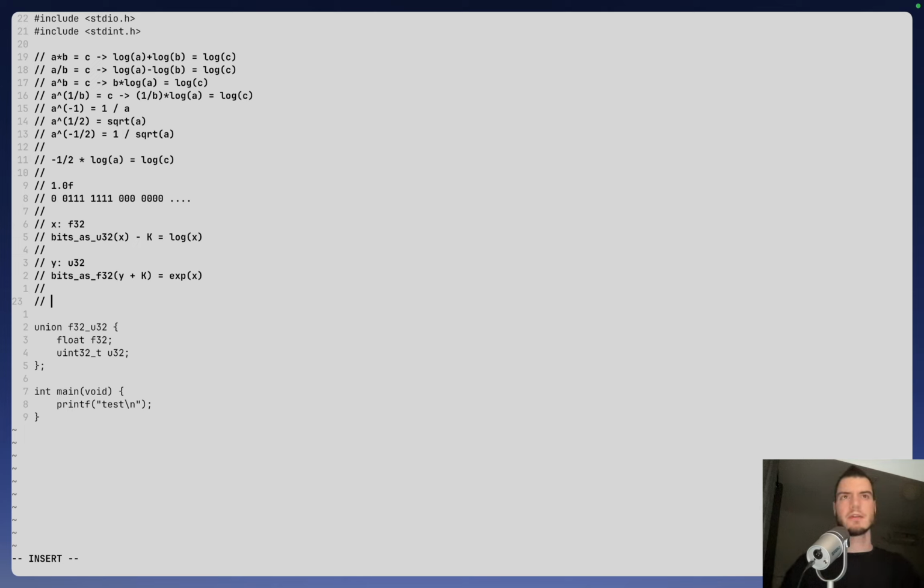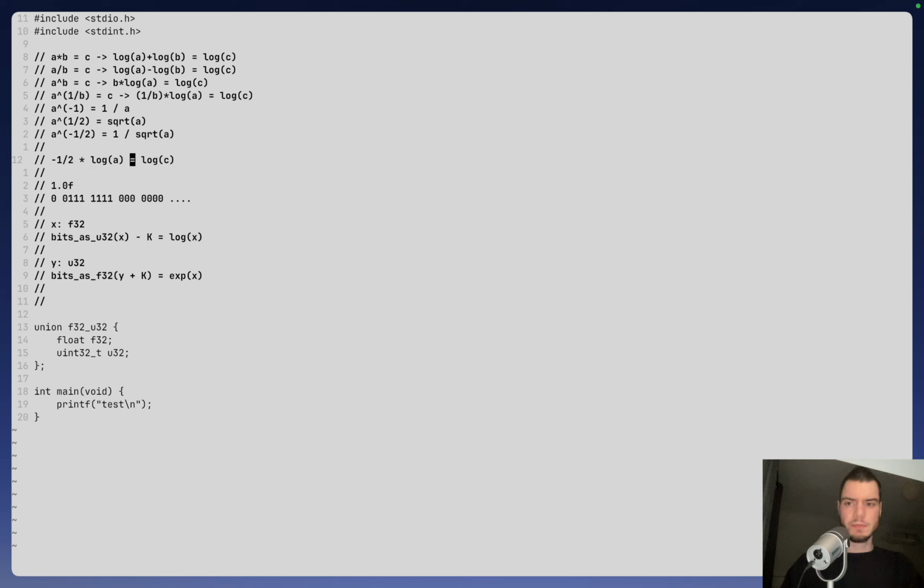Okay. So let's take this equation right here, the mathematical representation. Let's try to incorporate our bit operations into that. So first, we're just going to apply this pattern to this function.